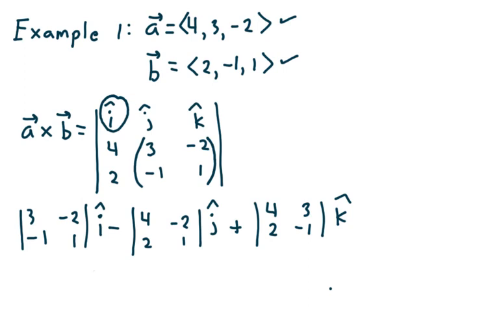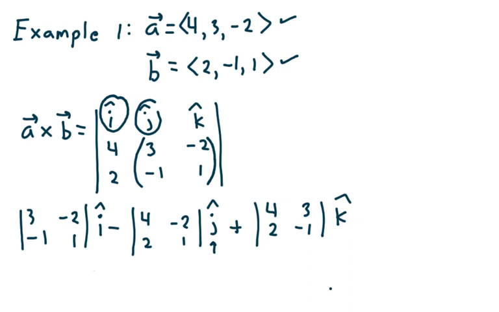And then I'm going to go minus j, and if you don't mind, I put the j over here, and multiply by the determinant of the matrix found by eliminating the row and the column that contain the j, which in this case will be the determinant of 4, negative 2, 2, 1.